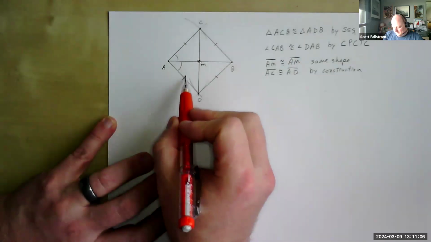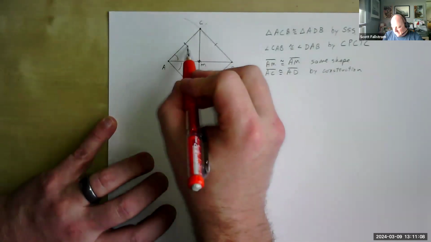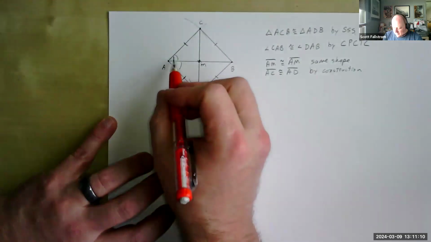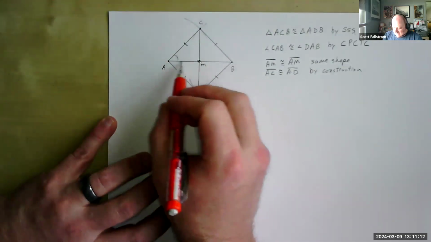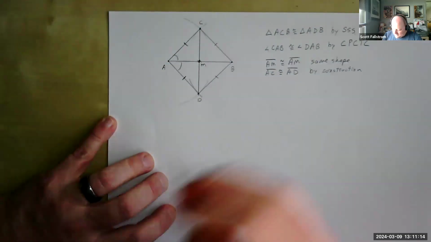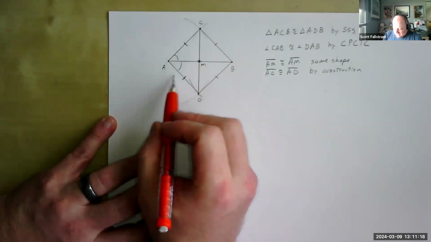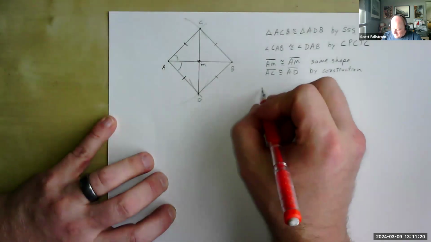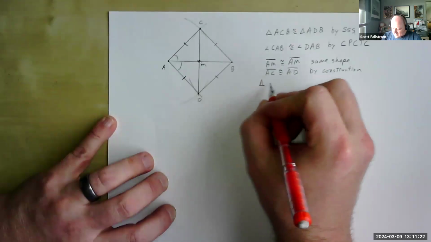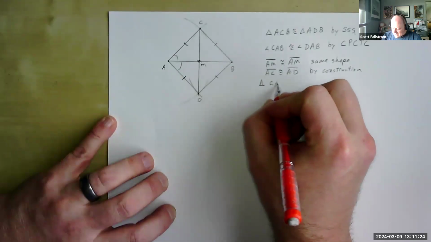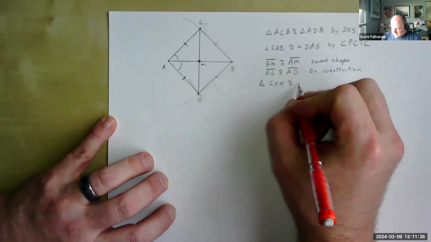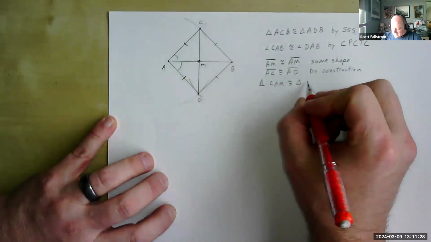Okay. So I have AC, I have AD, I have the angles that we've already listed, and now I know AM is congruent to itself, and that gives me a side, an angle between, and then another side, which tells me now that triangle CAM is congruent to triangle DAM.